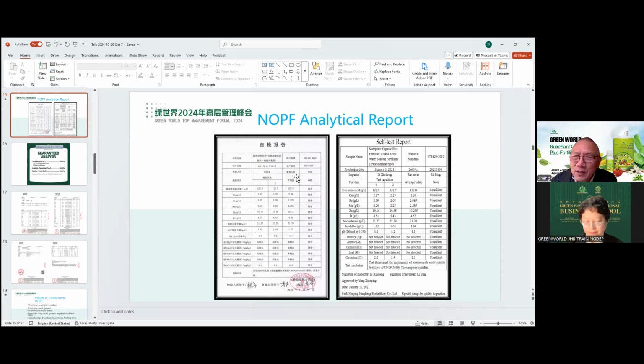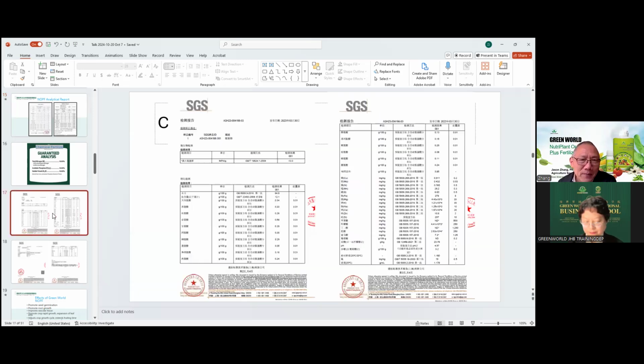Then compared to chemical fertilizer, we have a lot of other stuff, the trace elements, tiny amounts of Cu, Mo, Zn, Mn, B, Fe, all kinds.